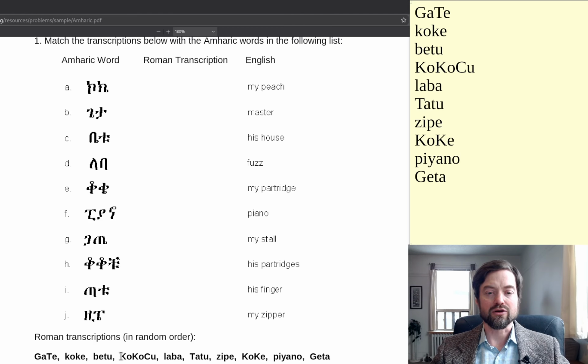And look at this, ko-ko-ku. Or ko-ko-tu. They're not giving the exact pronunciation. It's not going to be quite like that. But I feel pretty good about making this one line up with this one. Okay, so if we do that, and when it comes to making guesses with puzzles, it's good to make a guess, make a working theory, and work with that.